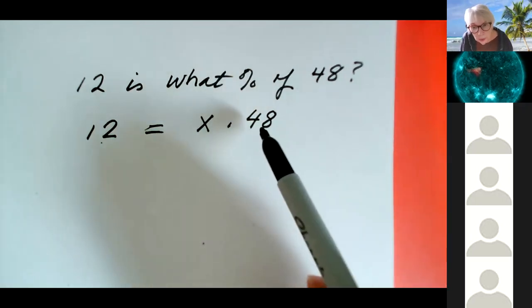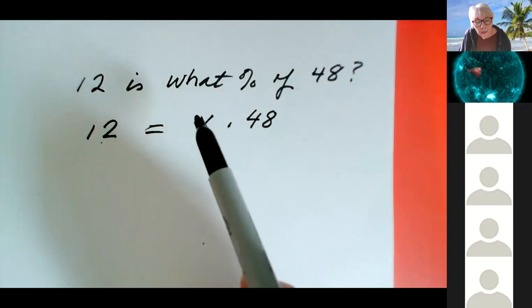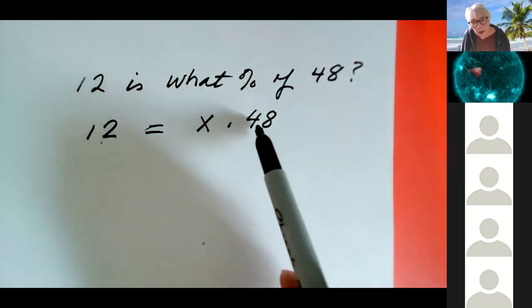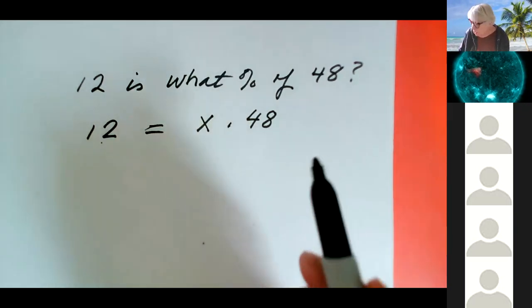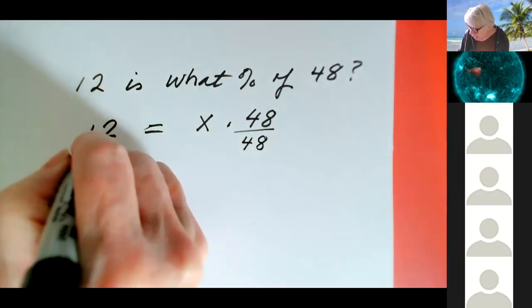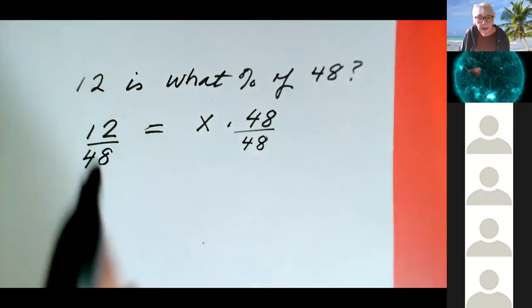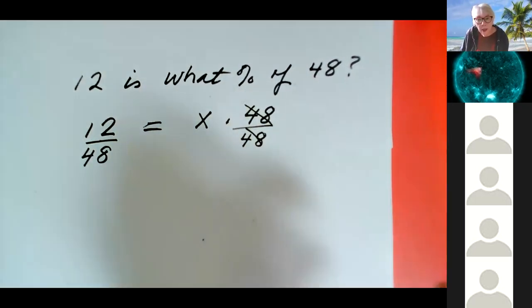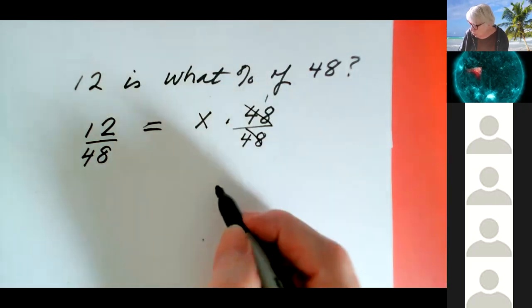We now know what to do when we have a little equation where the X is multiplied to a number. We learned that last chapter. So what you do is you divide this side by 48, and you better come over here and do the exact same thing on the other side. This reduces. 48 over 48 is 1.